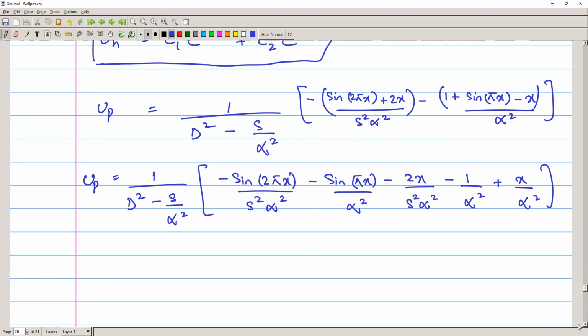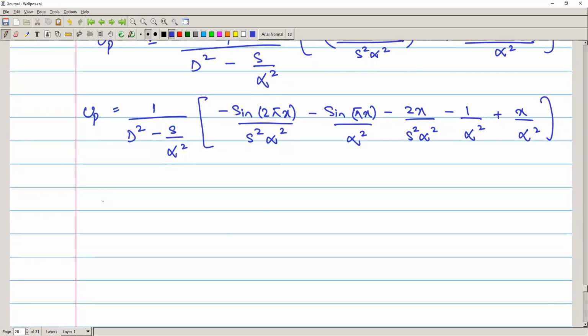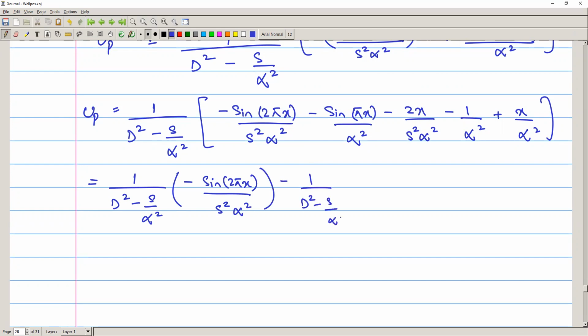Right, so this implies that 1 over (D squared minus s over alpha squared) is this. Then now we are writing them separately because we have to solve these elements separately, right?